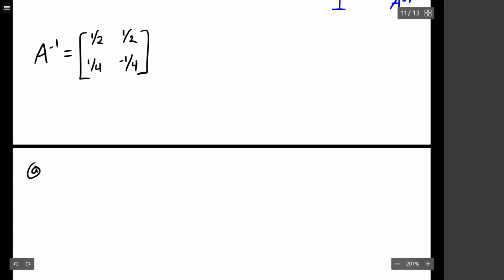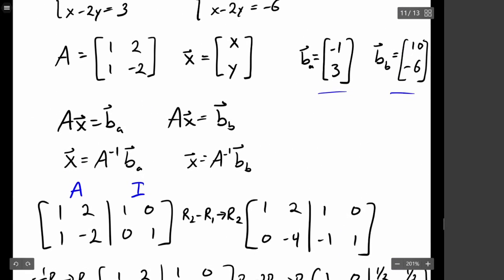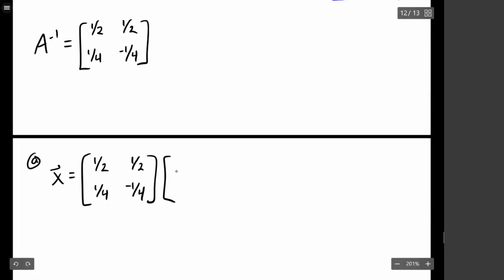So for part A, X is going to be this inverse matrix times the constant vector, which for B_A was -1, 3. Right? And so we just write this out.